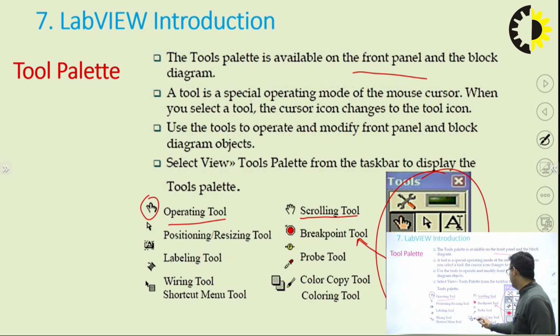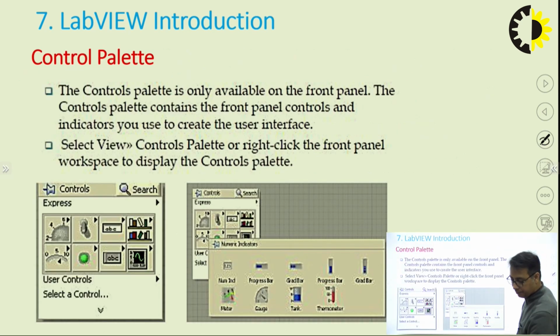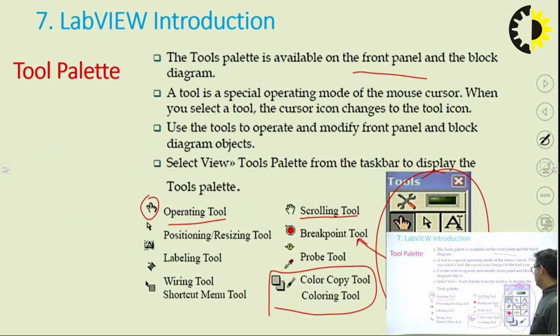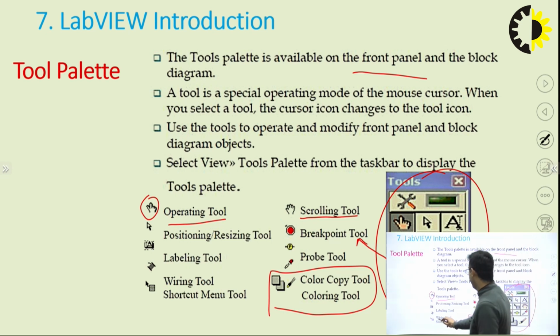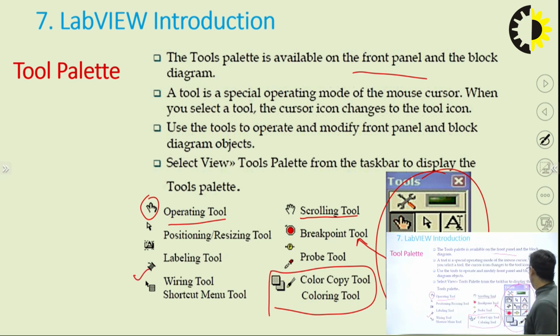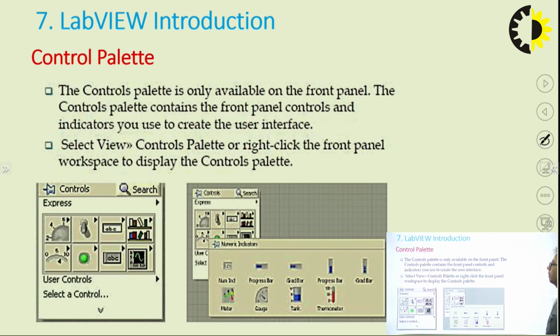This indicates copy the color. This is our wiring tool. So all these tools are available on the front panel. Just right click on the front panel or go to the tool palette, we will get this.